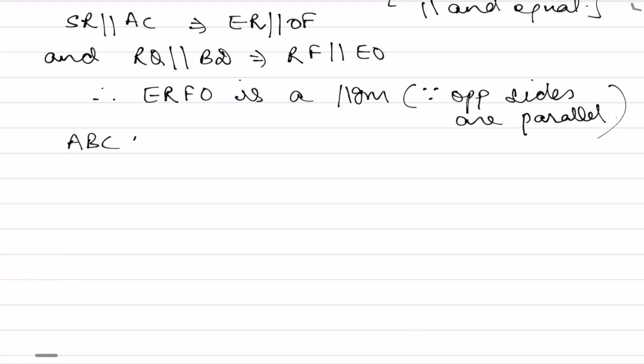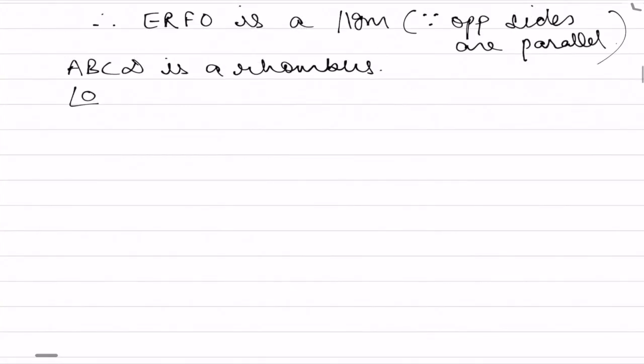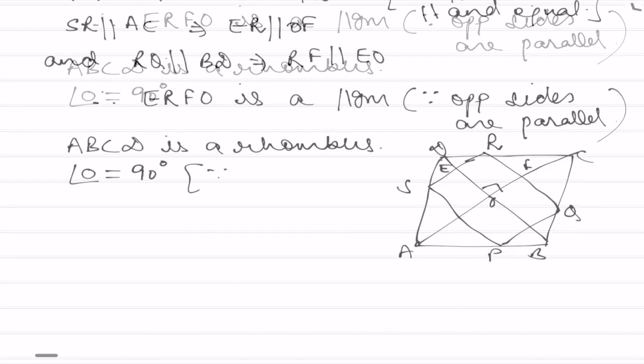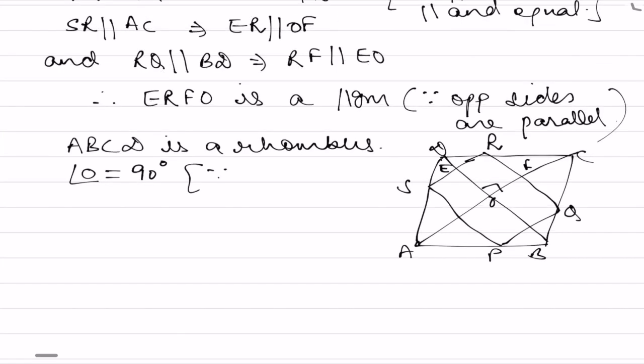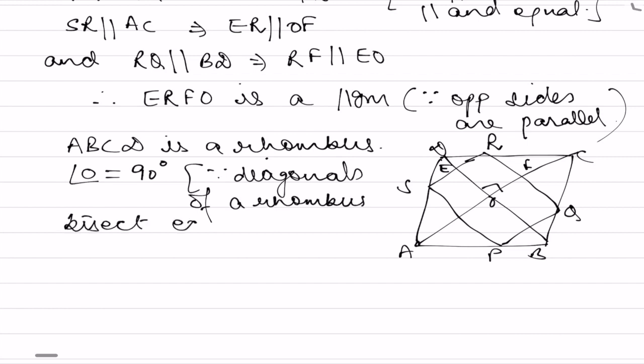As we know that ABCD is a rhombus, now we will use the property of a rhombus, that is angle O is 90 degrees. Here we will draw the figure again. Angle O is 90 because diagonals of a rhombus bisect each other at 90 degrees. Okay.